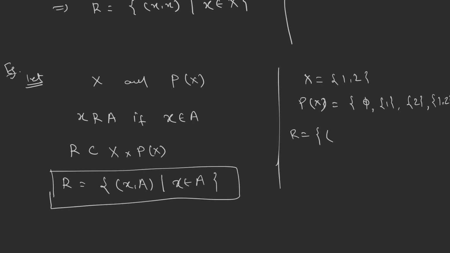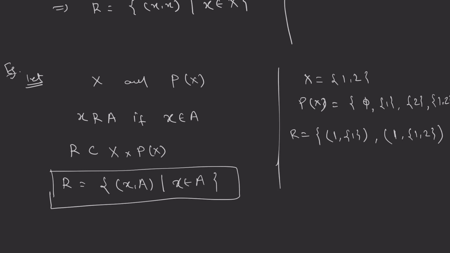Now we'll look for 1. 1 किस किस में belong करता है? ठीक है, so here you can see 1 belongs to this and 1 belongs to this. So two sets are there which contain 1. Okay, so 1 will be related to singleton {1} and 1 also will be related to {1, 2}. So here you can see that one element is related to more than one element.